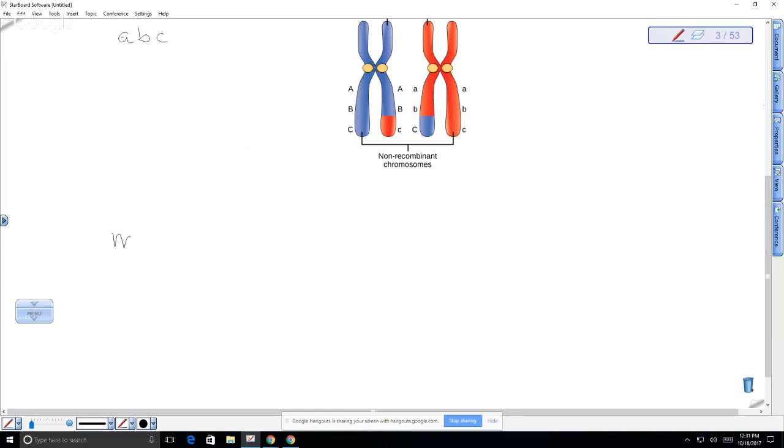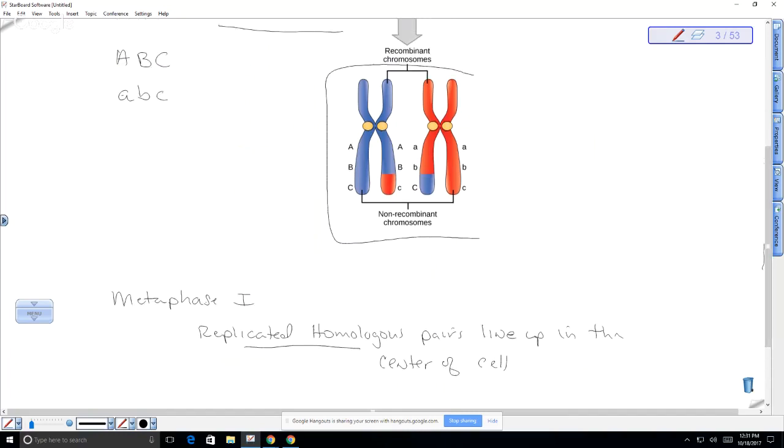And then in metaphase 1, we have replicated homologous pairs line up in the center of the cell. So this is important because it's the pairs. Instead of them lining up individually, they would line up like this.